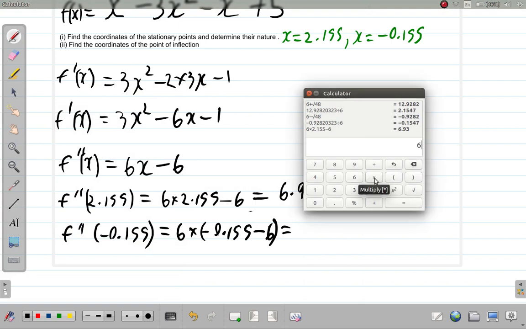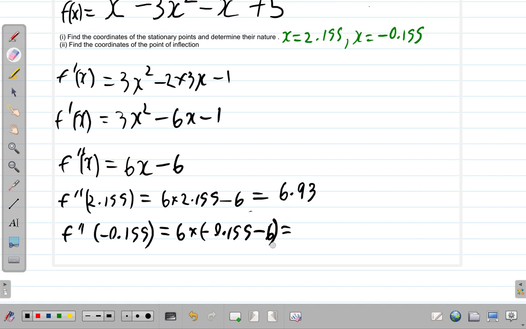The bracket should not close around the 6, it should close here.